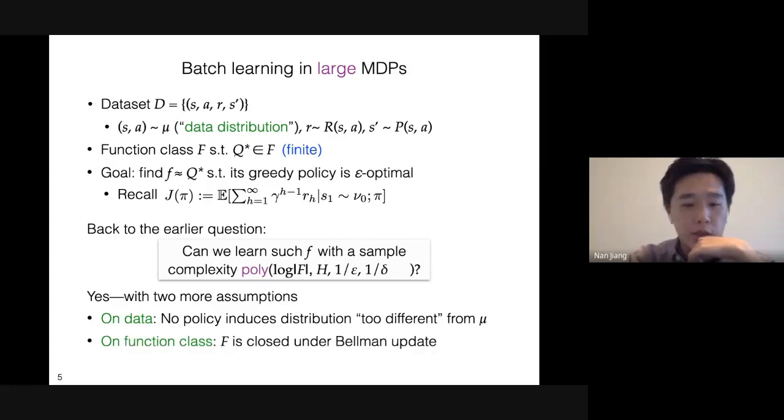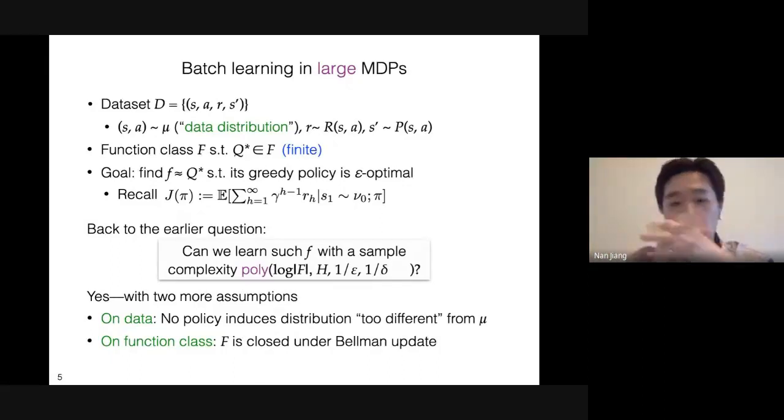And the other one is on the function class. It turns out that we don't know any algorithm that can give you this polynomial sample complexity guarantee with just realizability. All of them need to assume something else. One typical assumption is that the function class is closed under the Bellman update operator.